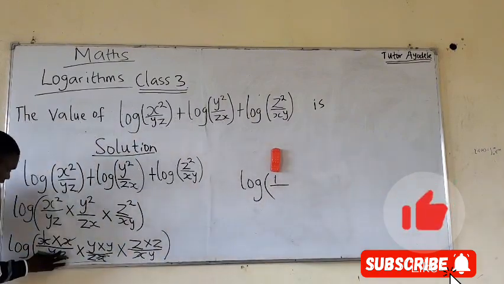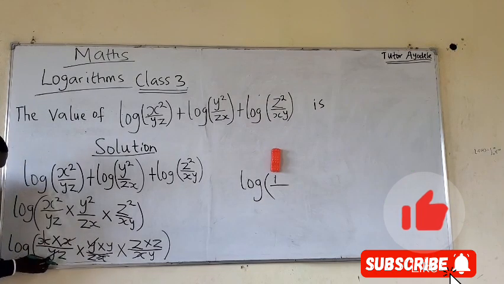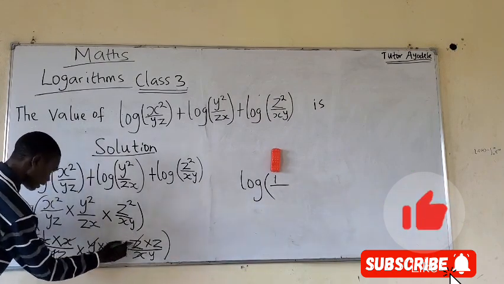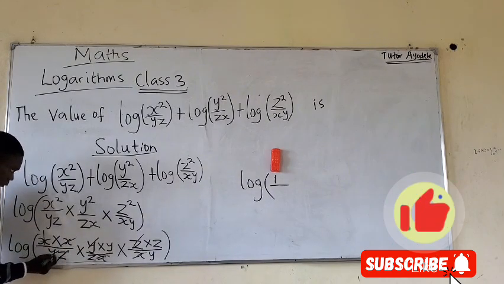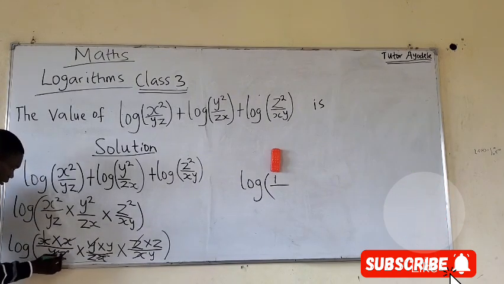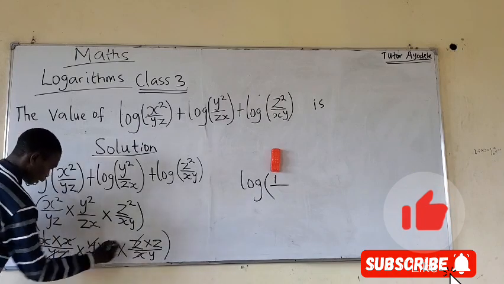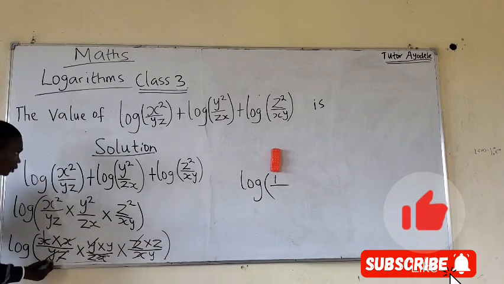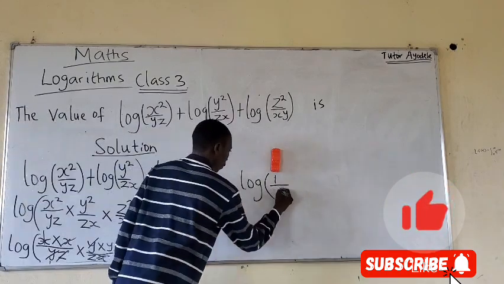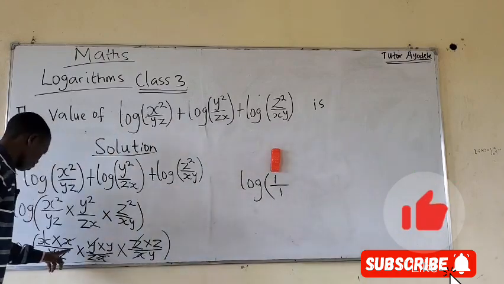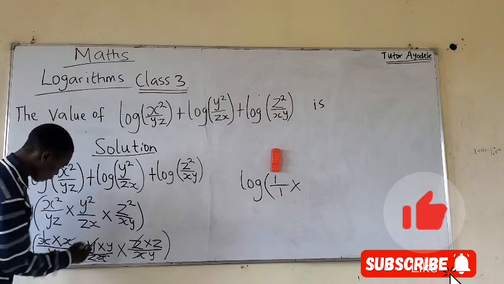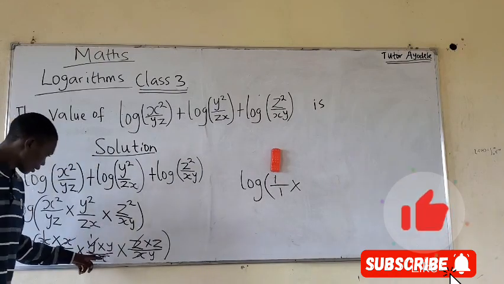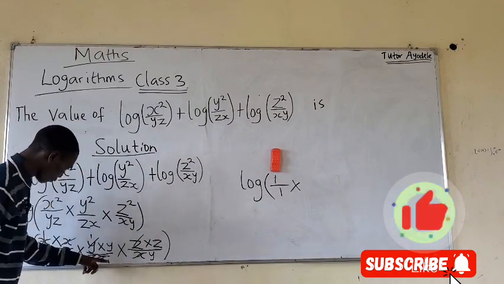Now if you look at this again, this y cancels this y, and this z also cancels this z. What are we left with here? Because y here 1, y here 1, we are left with 1. z here 1, z here 1, we are also left with 1. 1 times 1 gives you 1. So here we are also left with 1 times. Here we have 1, and because this one has cancelled, we have 1.